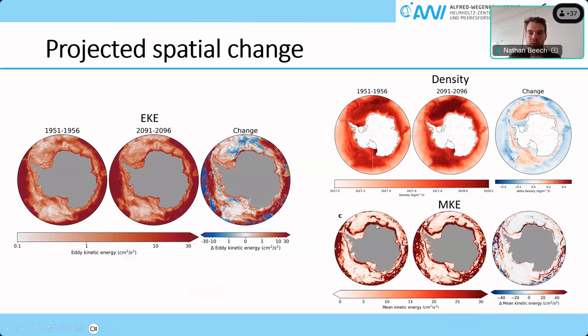We also see that historically, where the ASC turned south, you had some eddy activity breaking off of it and entering the gyre interior, and it seems like the ASC, with that higher density gradient, is sticking more firmly to the shelf break, and we get this region of eddy activity declining.